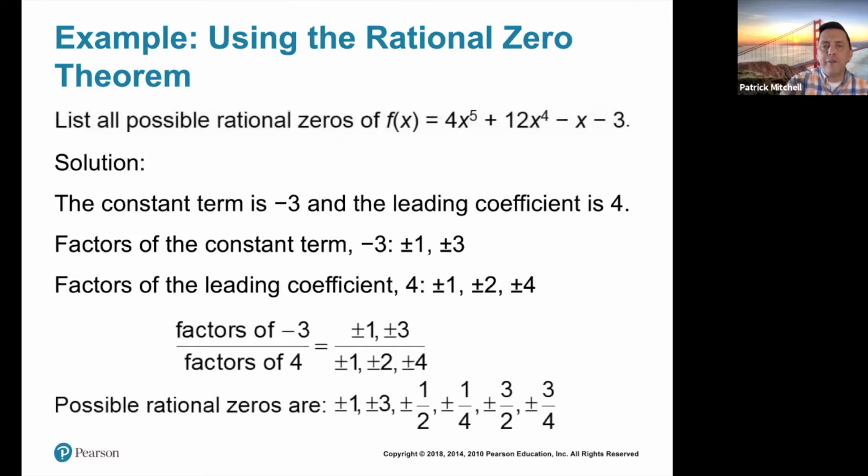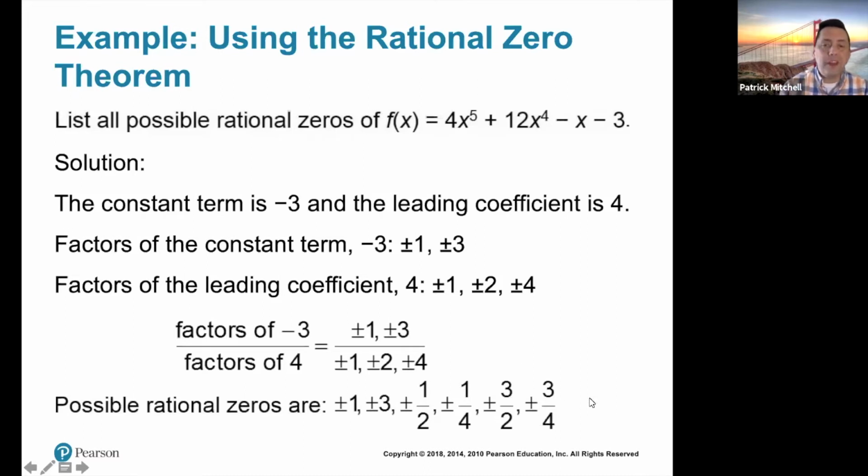The factors of 4 are plus or minus 1, plus or minus 2, plus or minus 4. So when you put each of the numbers in the numerator over each of the numbers in the denominator, you get all of these numbers here. So 1 over 1 is 1, 3 over 1 is 3, 1 over 2 is 1/2, 3 over 2 is 3/2, 1 over 4 is 1/4, 3 over 4 is 3/4.